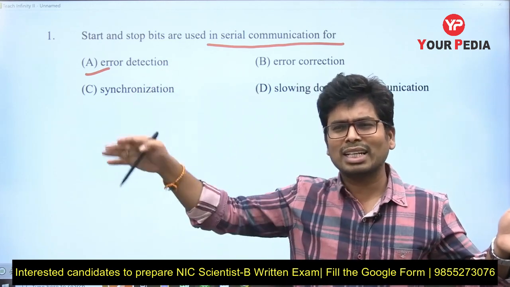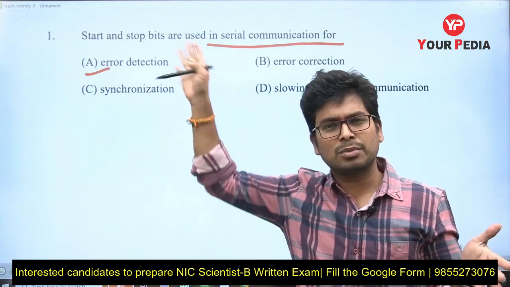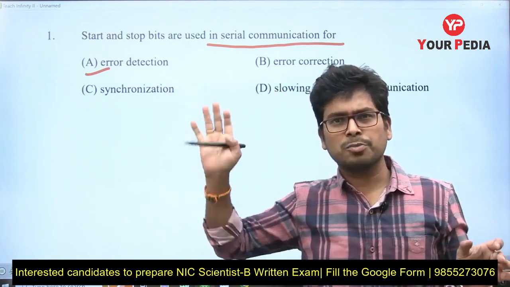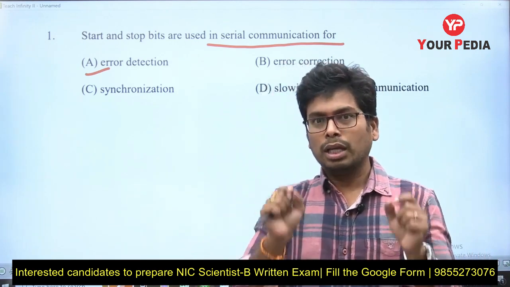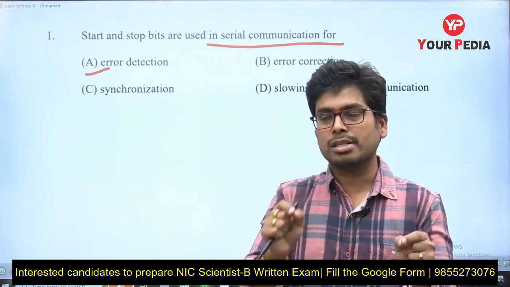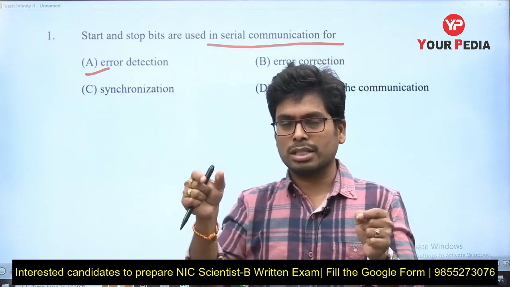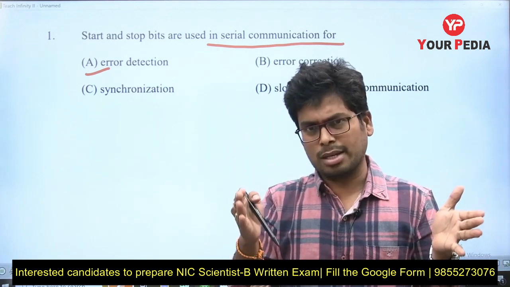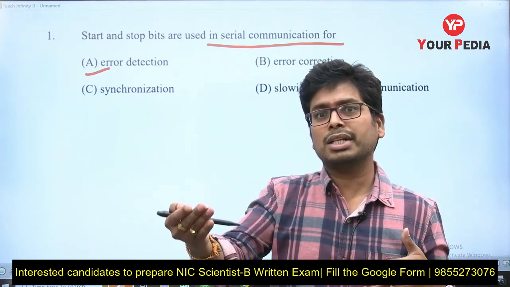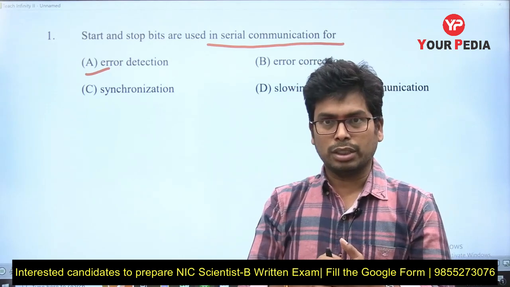Whether it is the right data or wrong data, a spelling mistake, a format mistake, or an extension mistake, error means whether the data sent by the sender is the same at the receiver or not. If any difference is there, we mention it as an error in computer networks.